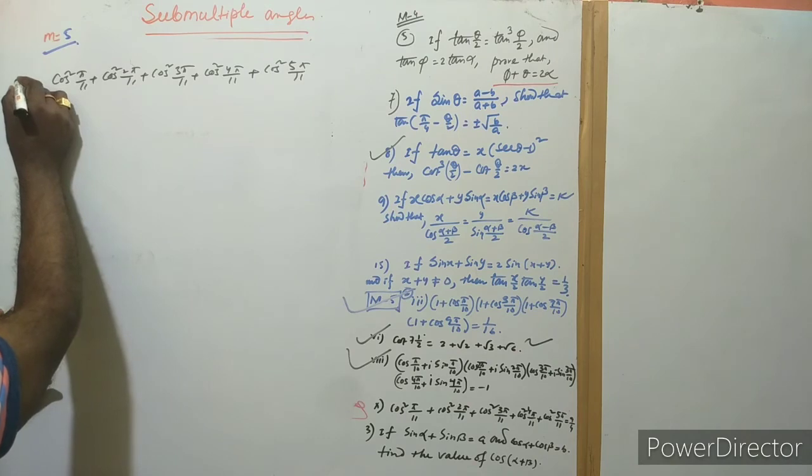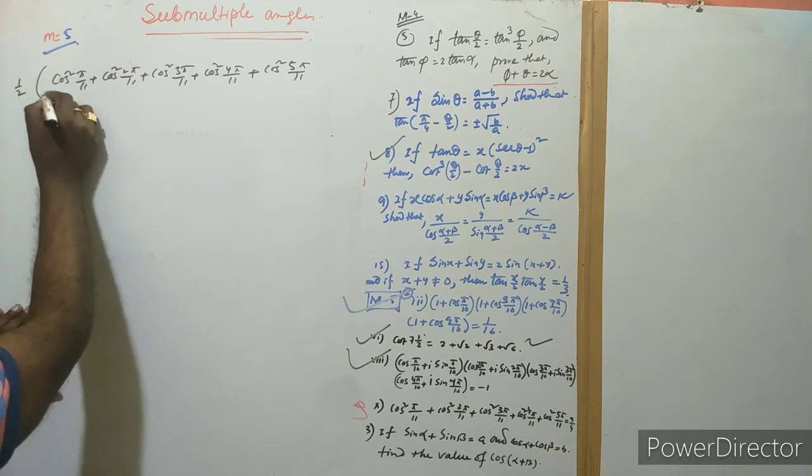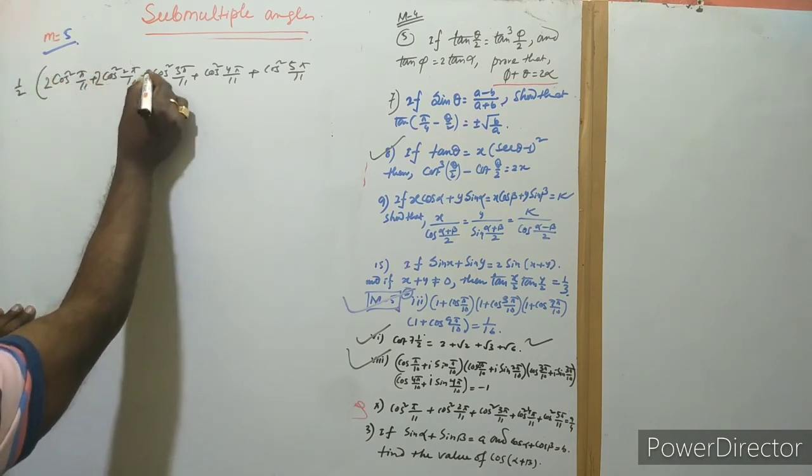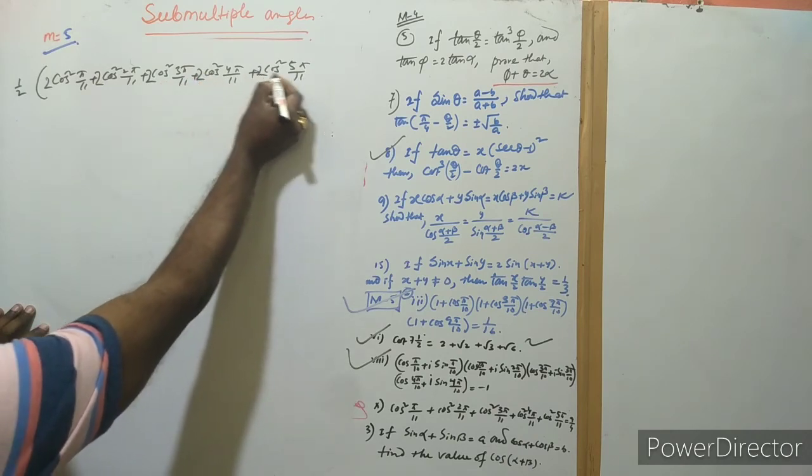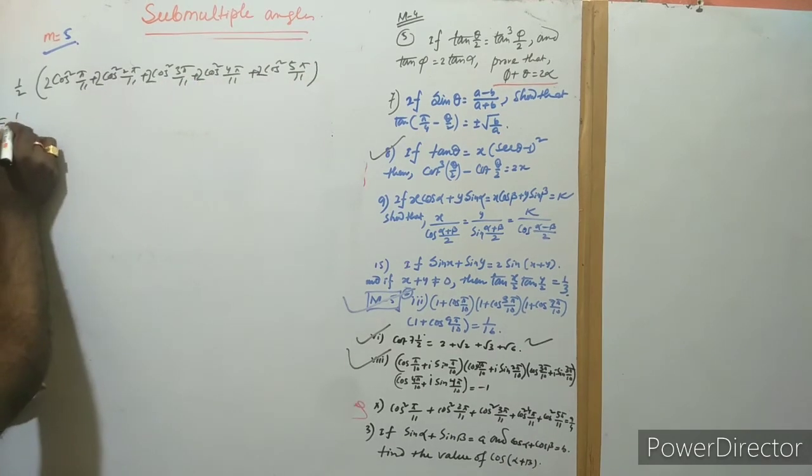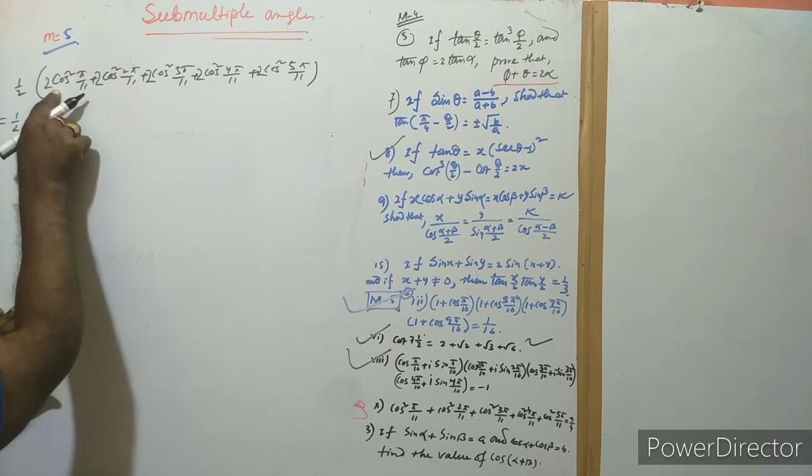We take a half and multiply 2 by each of the terms. So there is a half, 2 cos square theta.